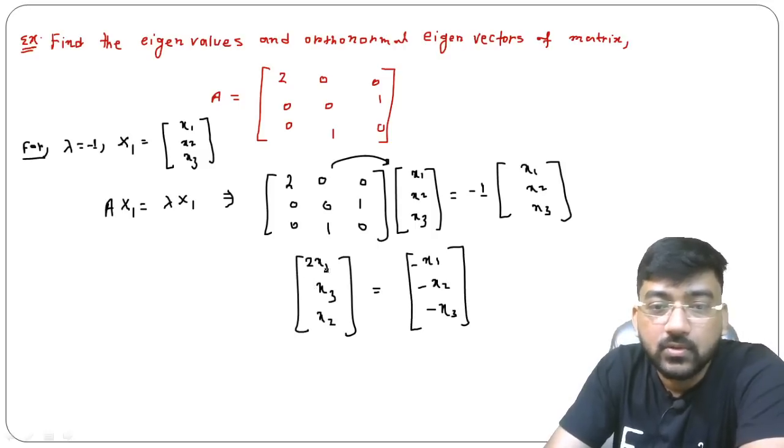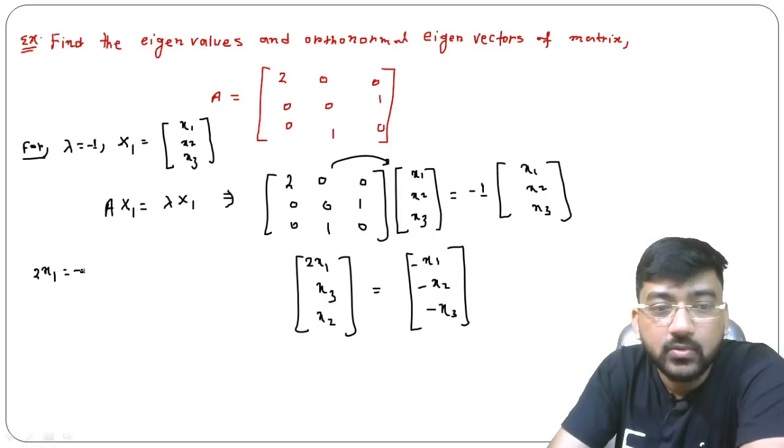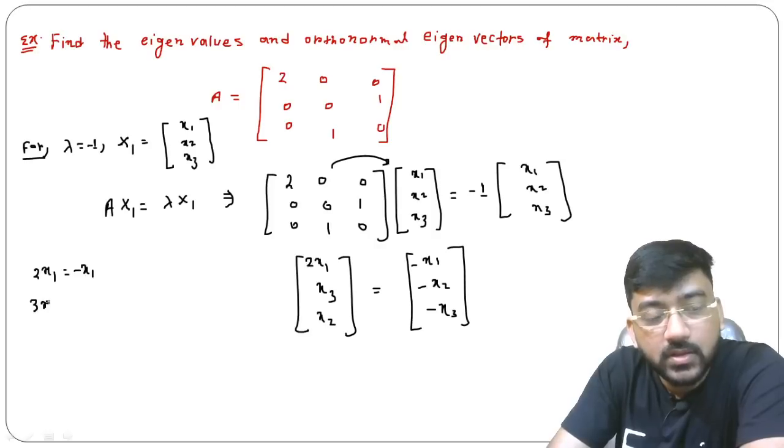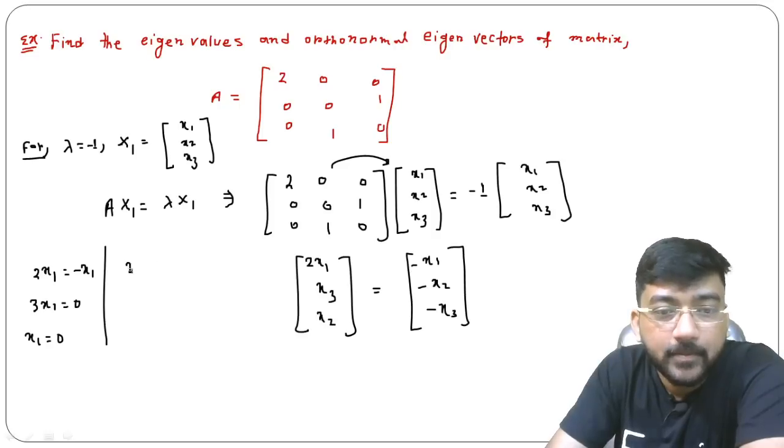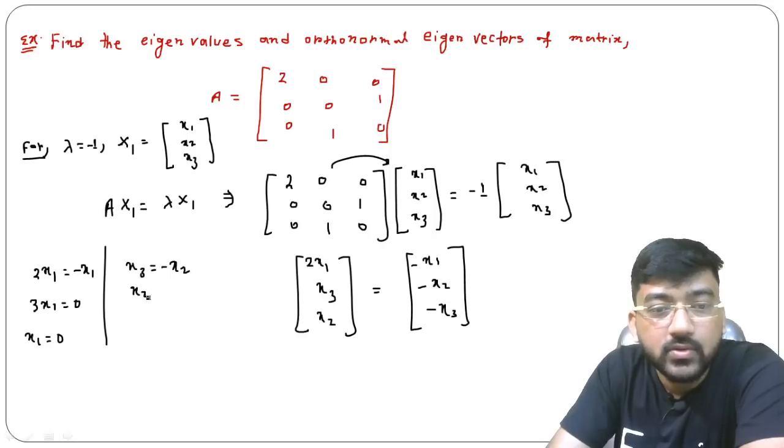If you compare these two, from here you will get 2x1 is equal to minus x1, that means 3x1 is equal to 0, that means x1 is equal to 0. And from here you can see that x3 is equal to minus x2 and x2 is equal to minus x3.